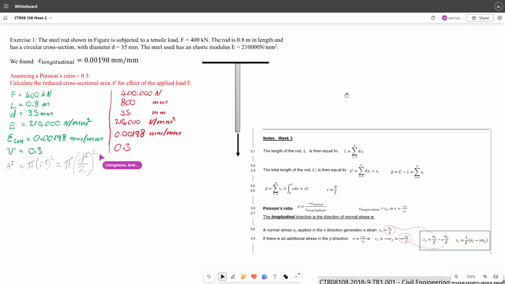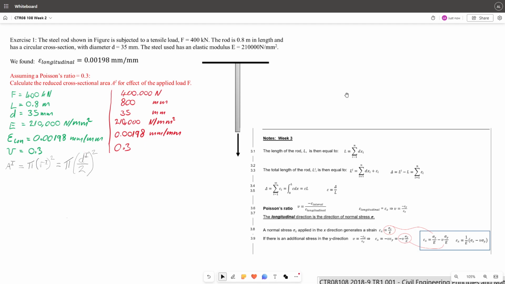What do we not have here? Well, we know what this is. All of that. The only thing we've not got, we don't have that, do we? Let's try and figure out what that is. That's the diameter of the rod after it changes.